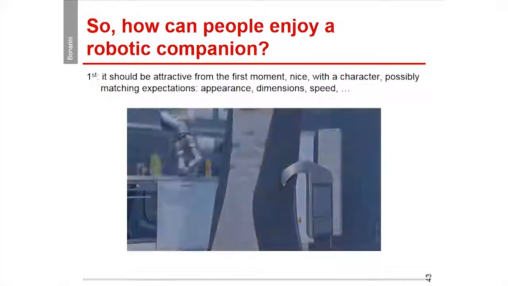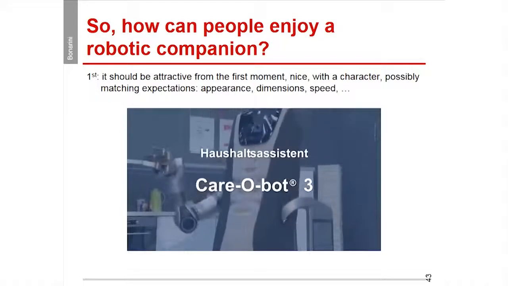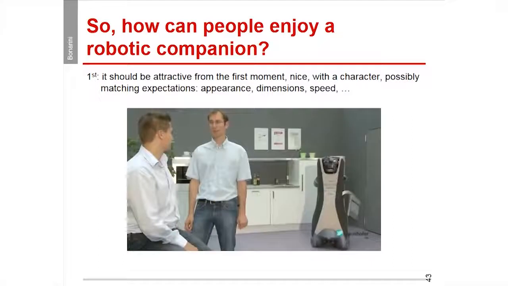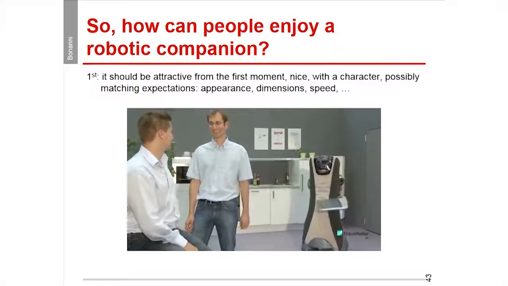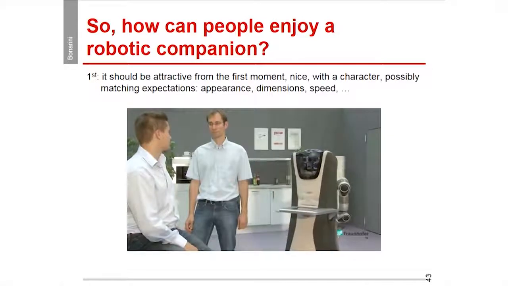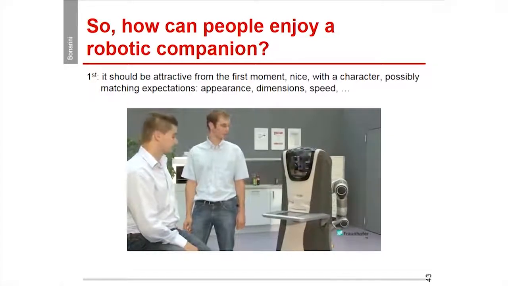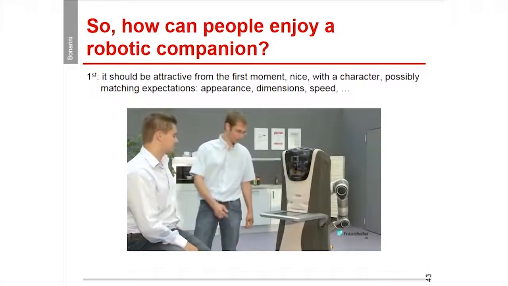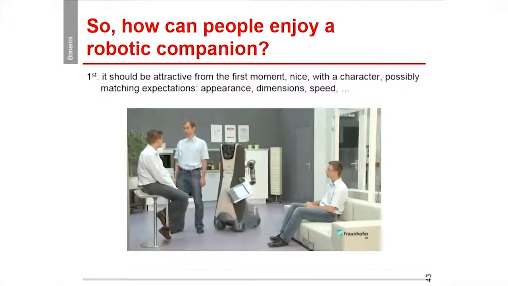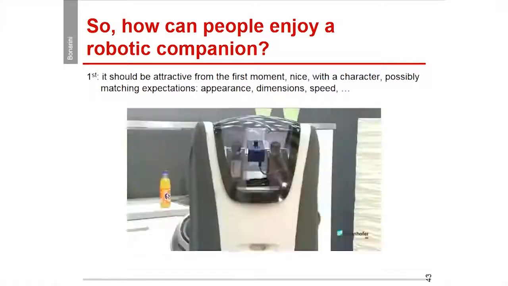This is this object. It's Haushaltsassistent. It's a German product, of course. And you see it has this tablet going around. But you can also see these people, this person, who is one of the designers, not feeling comfortable close to this robot.